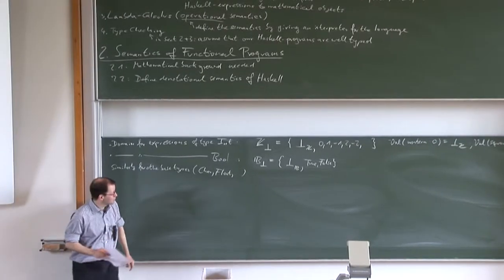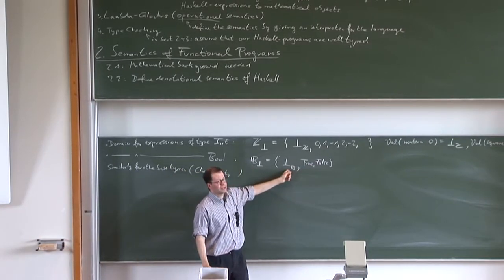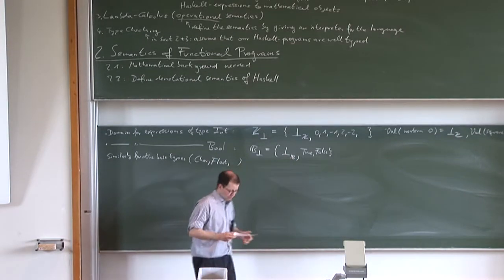Now in these very simple domains, they are called flat domains, something is either completely defined or not defined at all, but in more interesting domains, it's more complicated.